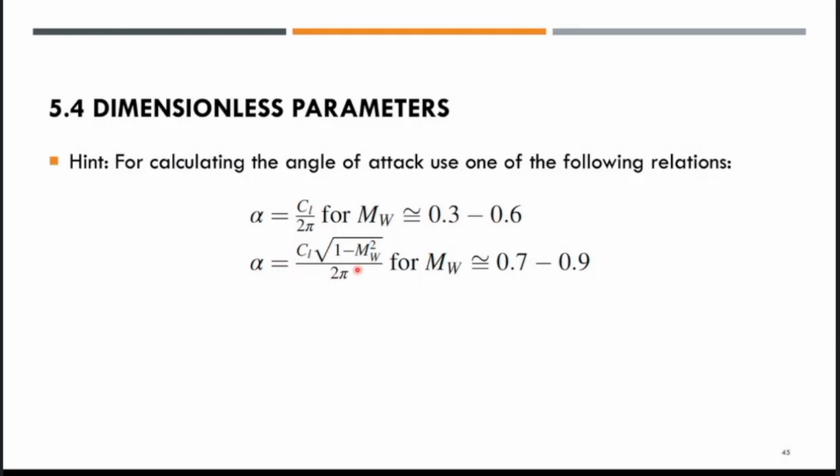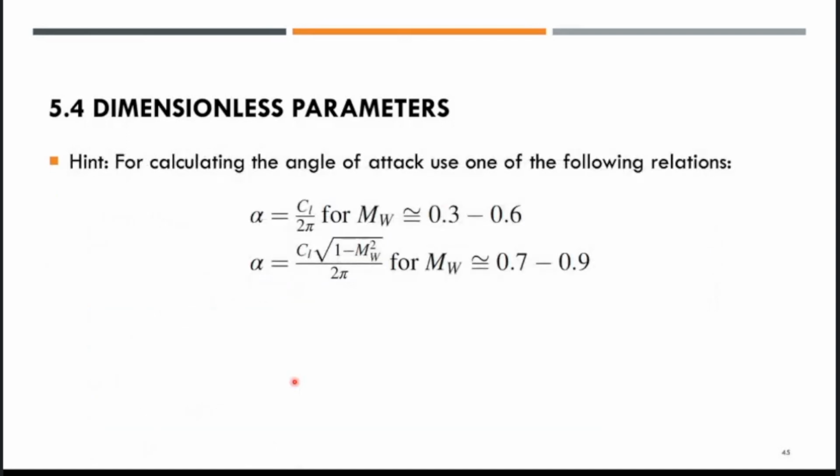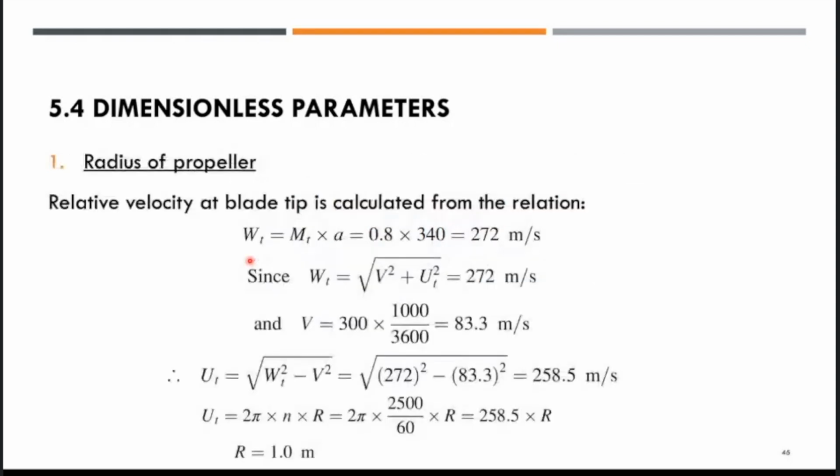Or you can use this other expression for Mach number values around 0.7 to 0.9. In our case, the tip Mach number is 0.8, so we are going to use the second set of expressions for calculating the angle of attack alpha.